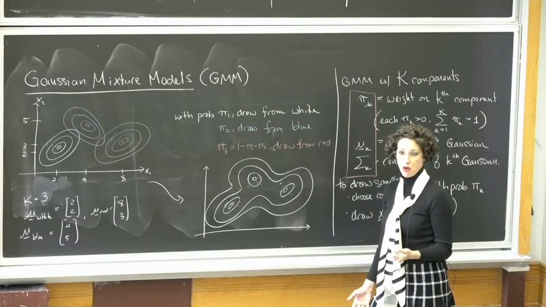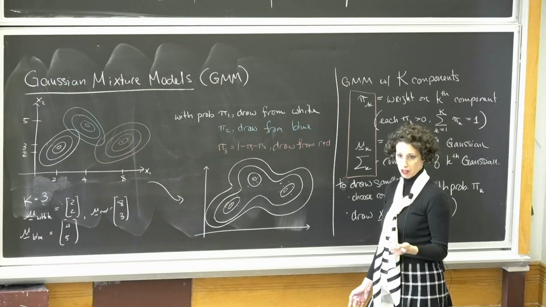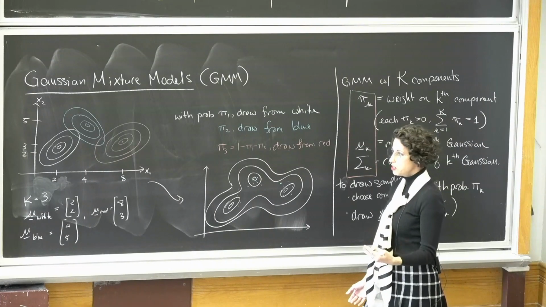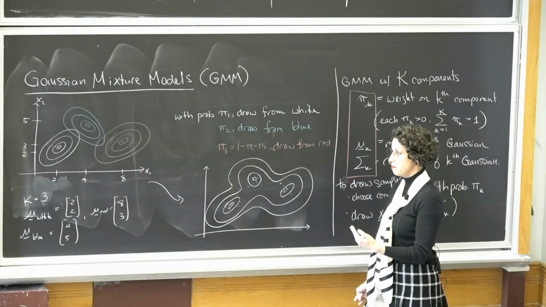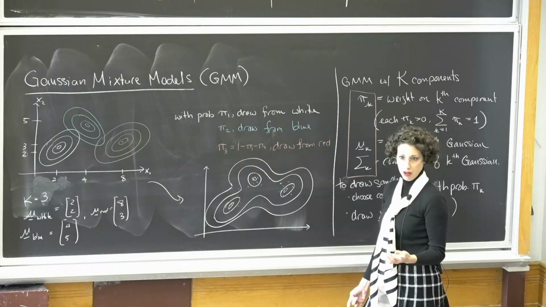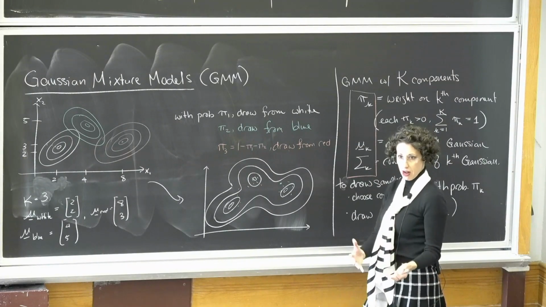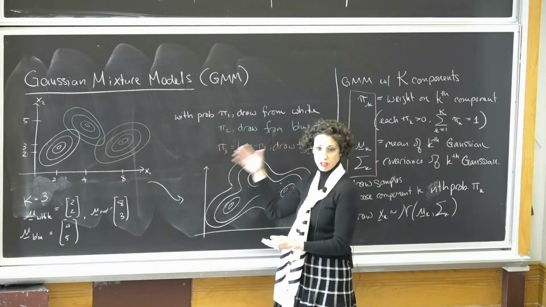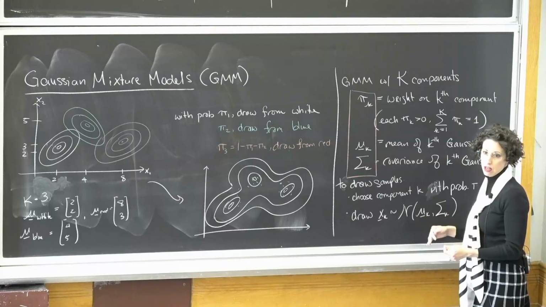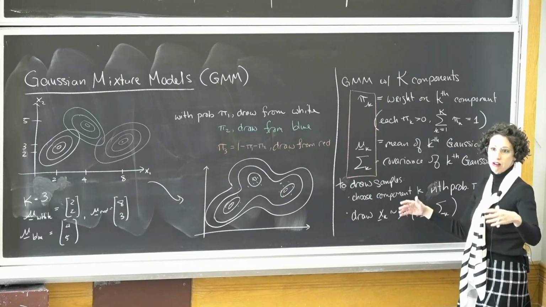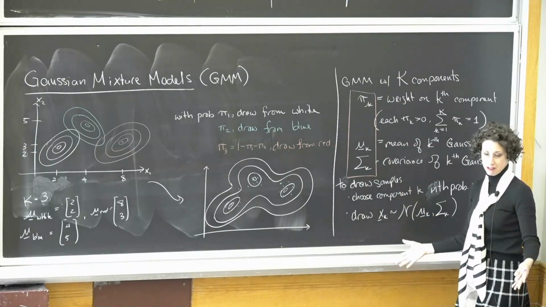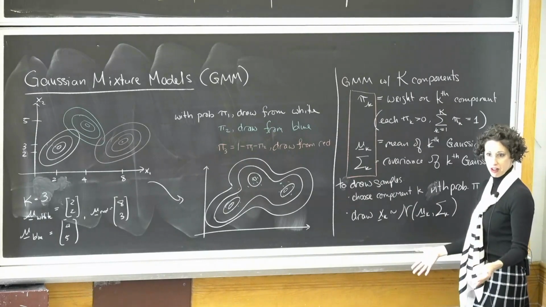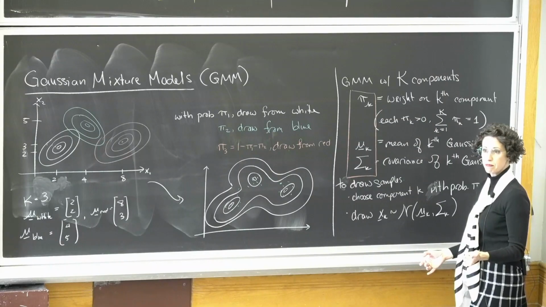We don't really know what the true value of capital K is, and we have to estimate it. For this class, and as we talk about the EM algorithm, we are going to assume that we do know capital K. Given capital K, how do you do clustering? How do you estimate all the means, covariances, and weights of the Gaussians? Once you know that, you can figure out some kind of wrapper to put around it to figure out a good value of capital K. So we're just going to say, given a good value of capital K, how do we proceed?